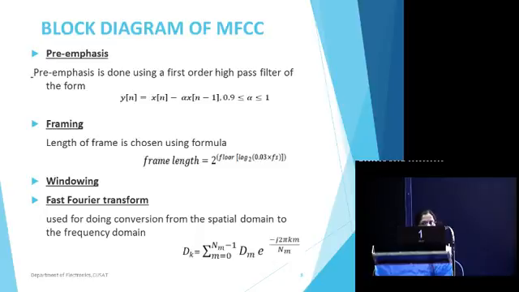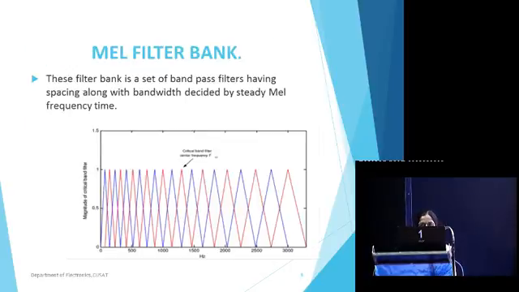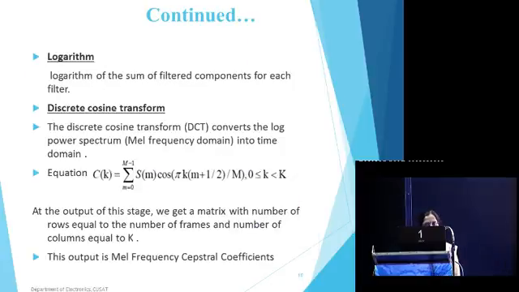Then it passes to the Mel filter bank, a set of triangular bandpass overlapping windows, with frequencies aligned to the Mel frequency scale. Then the logarithm of the Mel filter bank output is taken. Then it passes to a transform that converts the Mel domain back into the time domain. The output is the Mel frequency cepstral coefficients.